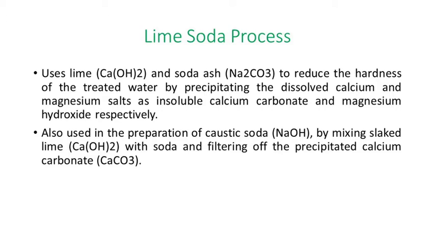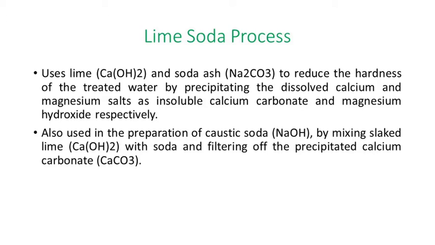Okay, so in the lime soda process, lime, calcium hydroxide, Ca(OH)2, and soda ash, Na2CO3, are added to the hard water, which reacts with the calcium and magnesium salts to form insoluble precipitates of calcium carbonate and magnesium hydroxide, Mg(OH)2, and these precipitates can be sedimented out in the sedimentation tank. So what reactions occur during this process?